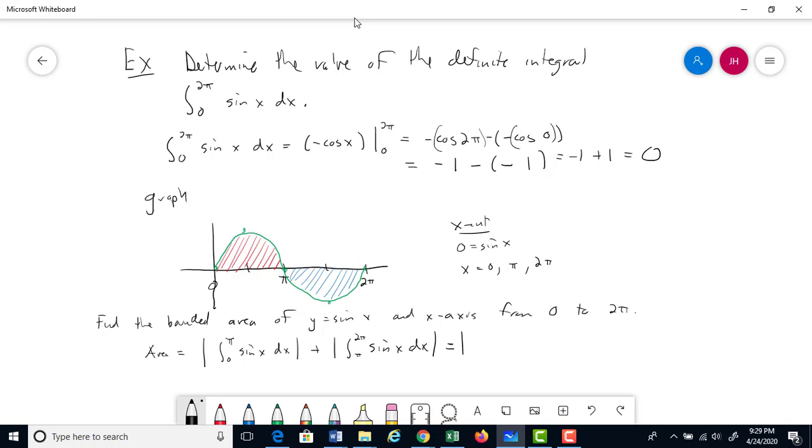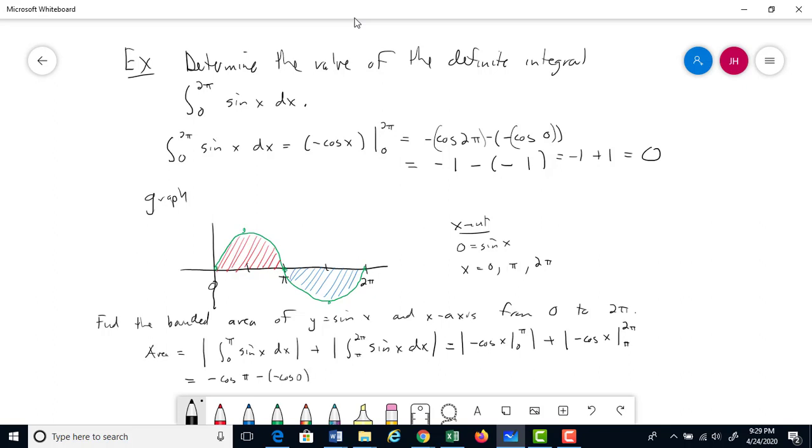So this is going to be minus the cosine of x evaluated from 0 to pi, absolute value, plus the absolute value of minus the cosine of x evaluated from pi to 2 pi. Now plugging these in, this is going to be minus the cosine of pi minus minus the cosine of 0.